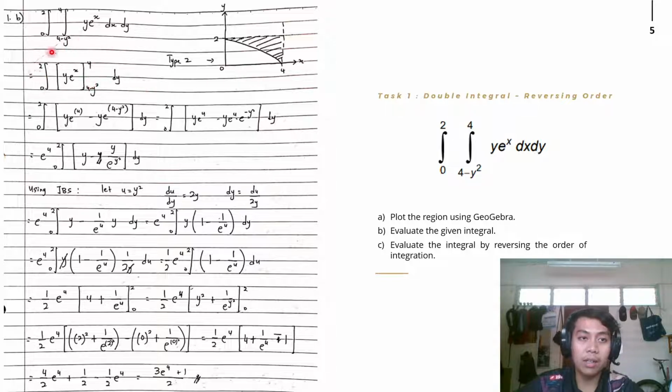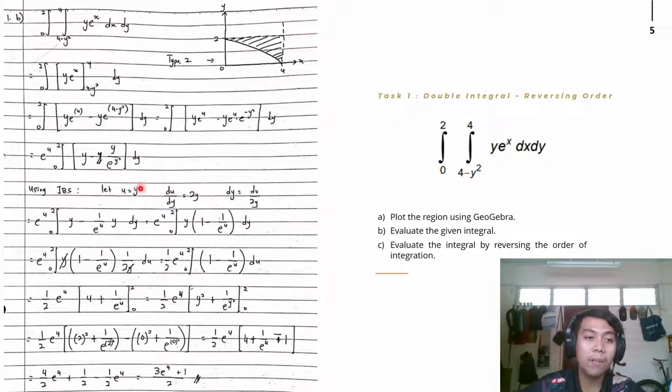After we integrate using basic integration, I use the integration by substitution method, where I will let u equal to y squared, because here we have the exponent power of y squared.